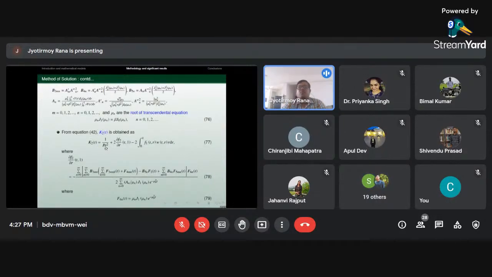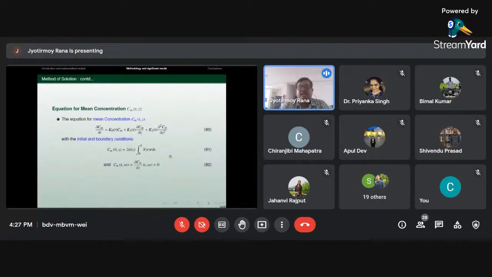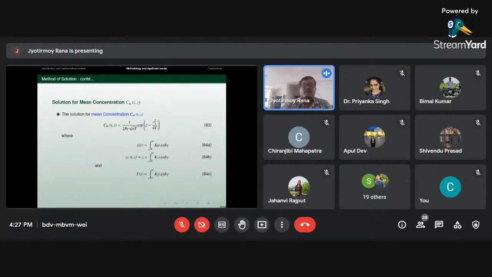This is the K2 we can easily obtain after using F1 and K1. So now we have already obtained K0, K1, and K2. We can easily use these to find the concentration of the solute from these equations. So finally we have reached the mean concentration of the solute.